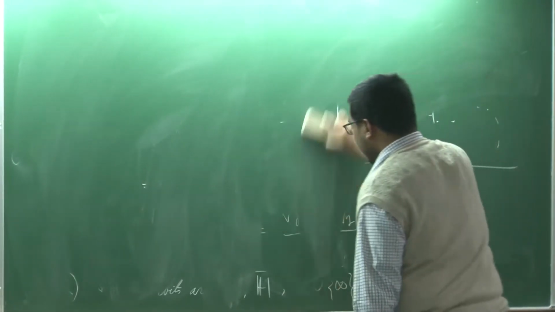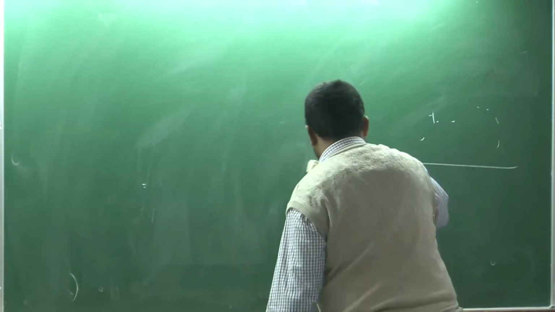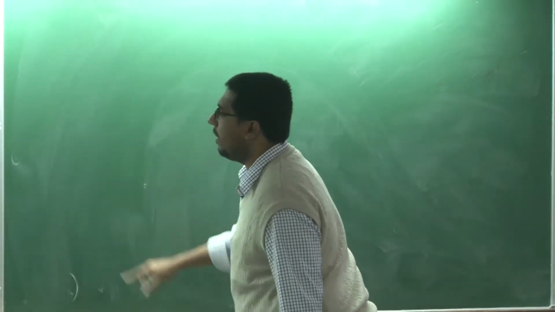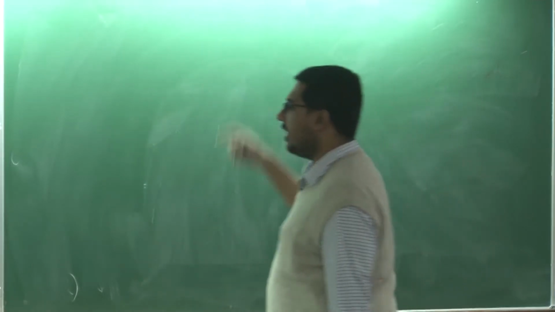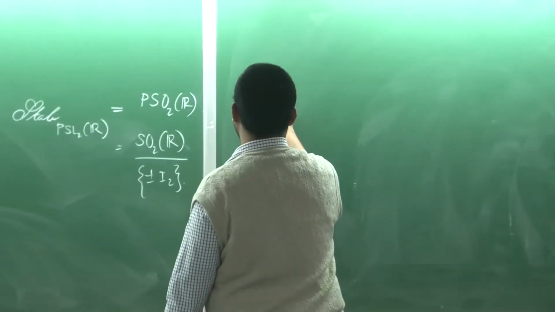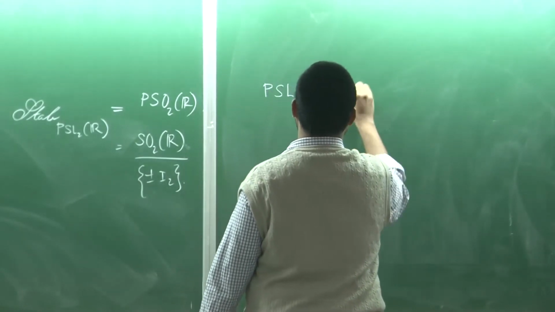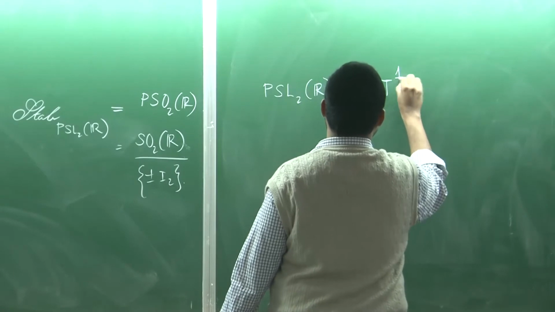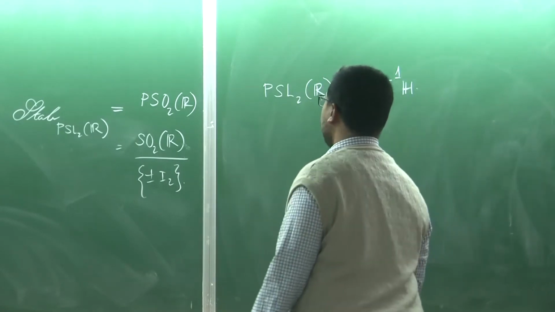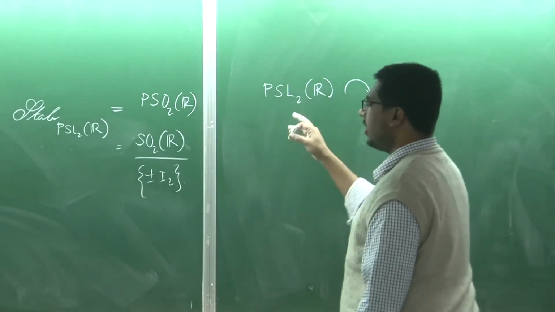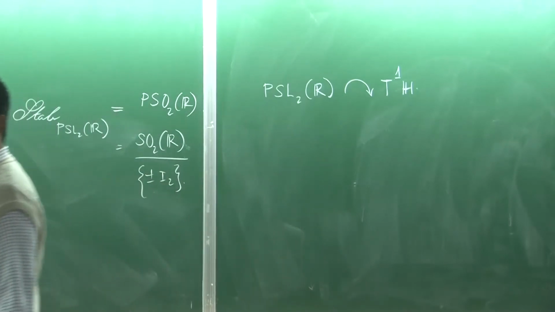Now also recall that the action of PSL2R on the upper half plane yields an action of PSL2R on the unit tangent bundle of the upper half plane. So the question is, what about this action? Is this action transitive?